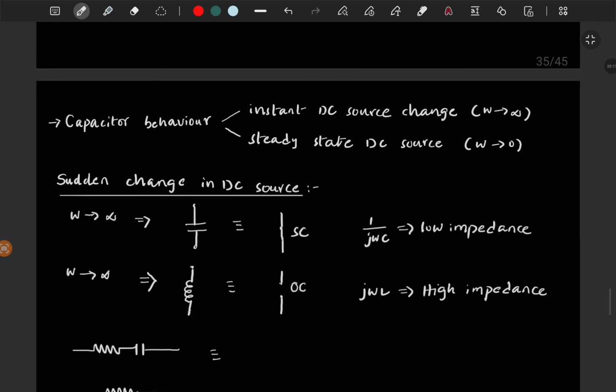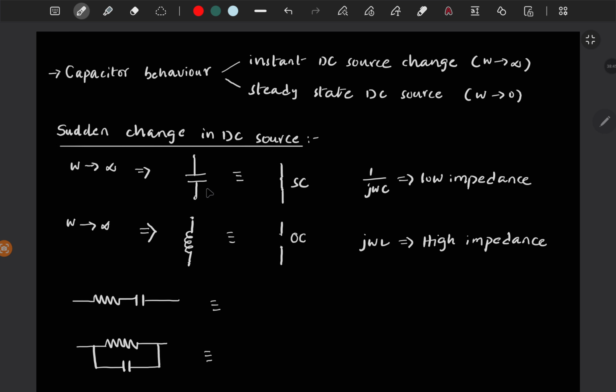So that is what it meant. So an instant DC source change means the capacitor sees a very high frequency applied at t is equal to 0, which means the frequency tends to infinity, because within no time we have applied 5 volt, right? So that means a very high frequency, omega tends to infinity at t is equal to 0.